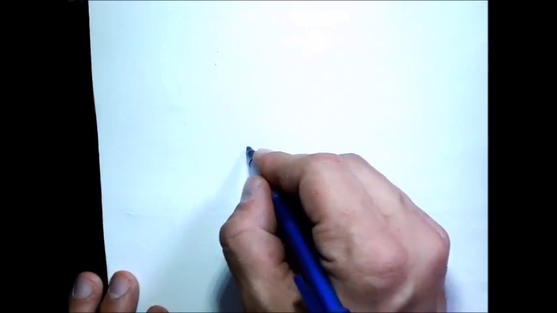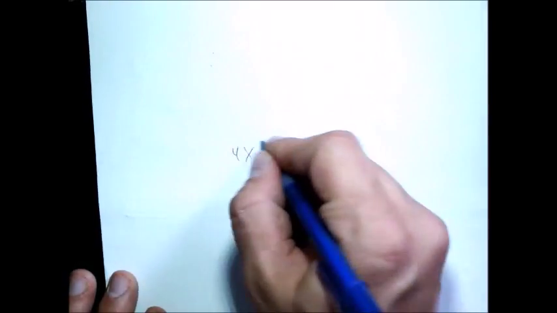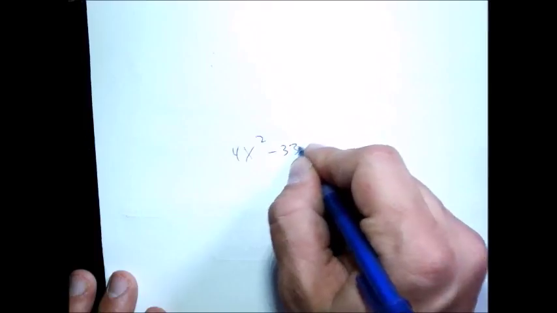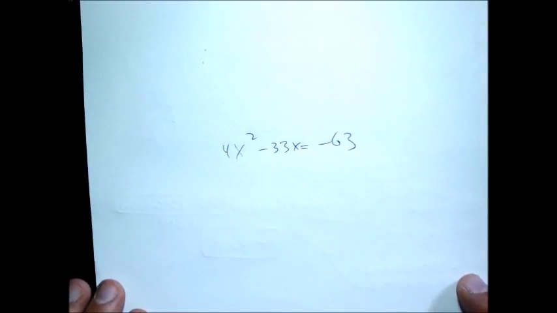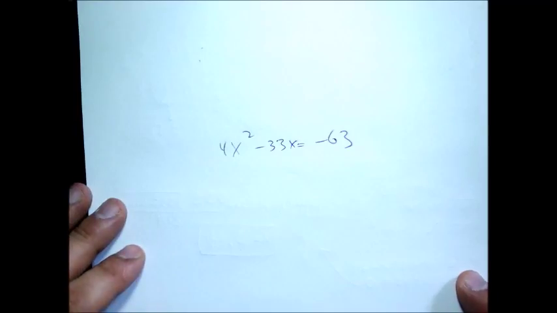So let me just write that out just to be clear about that. We'd end up with, if we subtracted the 63 over, we'd get 4x squared minus 33x equals minus 63, right? And I'm trying to say that there's not a clear thing to do now. Like, what would you think about doing? I don't know.